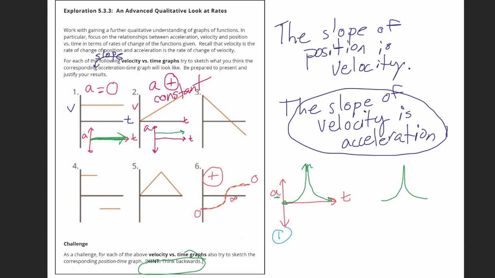If we have our velocity versus time graph, what would the position versus time graph look like? Well, right here, this is a constant positive number, so we want to draw something with a constant positive slope. So, something like that. That would be your answer for the challenge for number 1 right here.